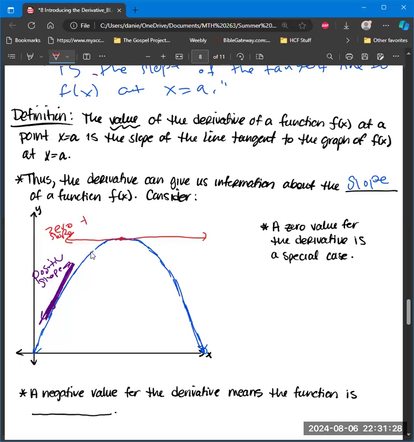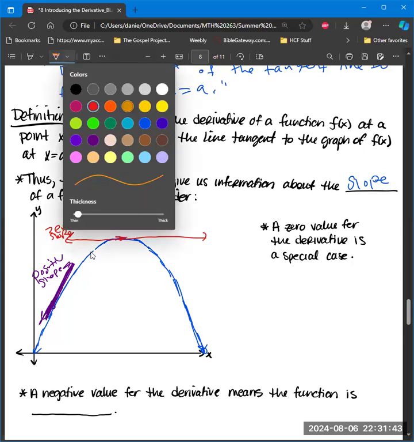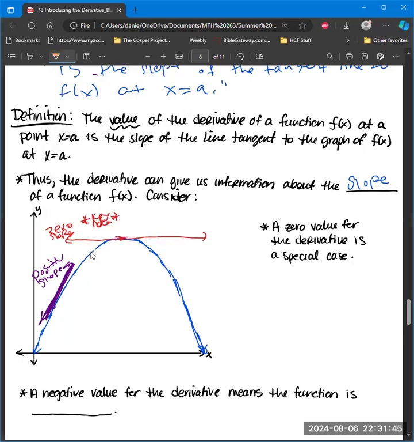This is a key idea, that we're going to have zero slope when the function is at a maximum or a minimum point, and if we were on this side of the graph over here, we would have a negative slope. That is, here the f prime of x would be less than 0.